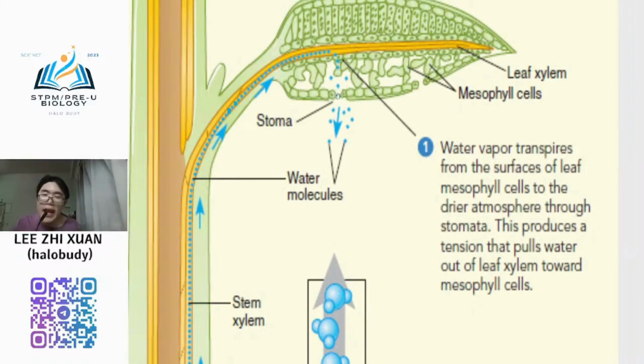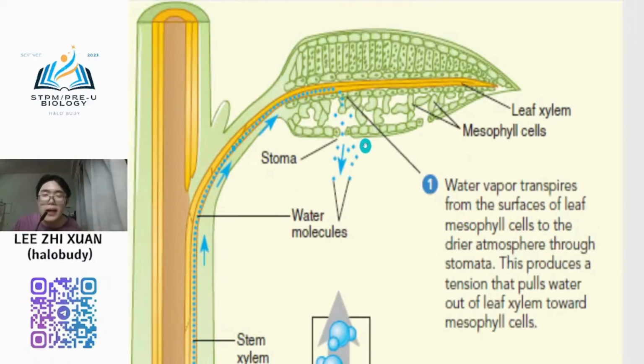The mechanism of opening and closing of stomata, you already learned in chapter 7. We know that stomata is open during the day. So when it is open, not only is gas exchange occurring, but your water molecules will also be evaporated out from the leaf.